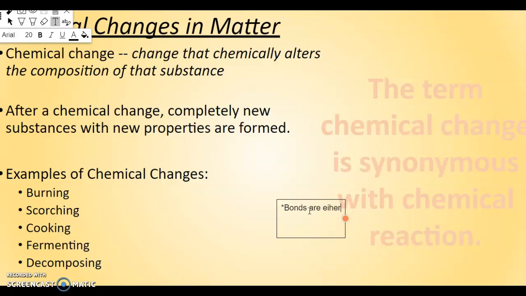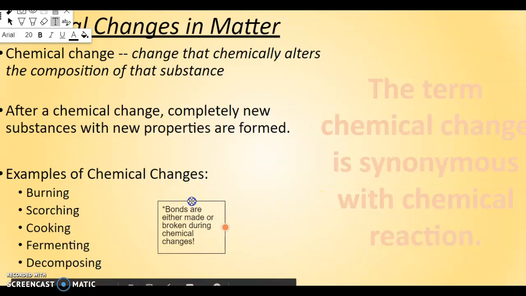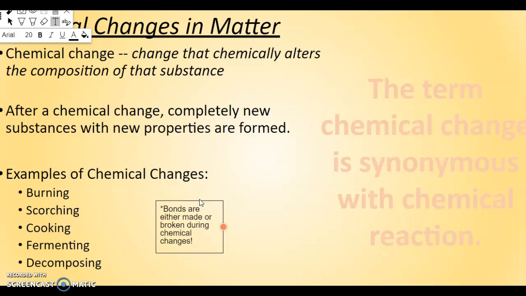Bonds are either made or broken during chemical changes. During a physical change, there is no change in the actual bonding structure. But in a chemical change, you have bonds being broken and bonds being formed.